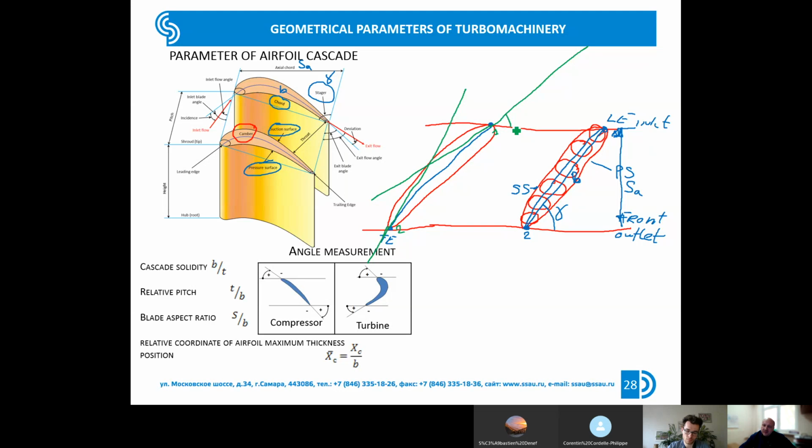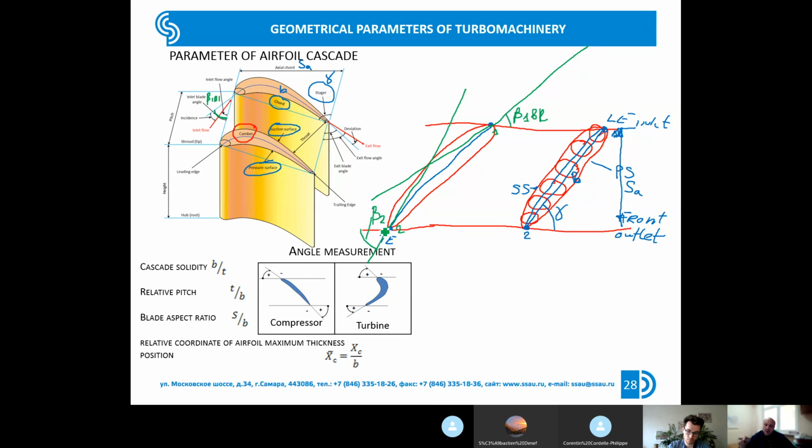The angle between this first tangent line and the front is called the inlet construction angle, and for the rotor wheel it is designated by beta 1, with index bl. In other words, this angle is beta 1 blade. And we can do the same for the trailing edge. For the compressor, it will be this angle, beta 2.